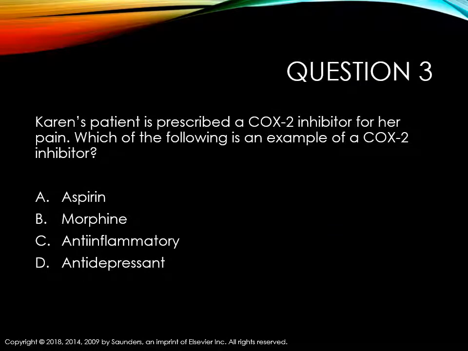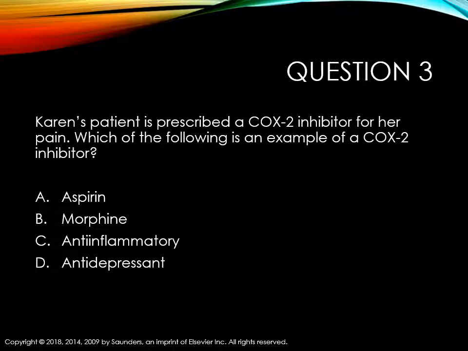Question 3. Karen's patient is prescribed a COX-2 inhibitor. For this information, refer to your textbook on page 604. Table 31.2 provides you with an in-depth table of categories of analgesics and examples. Which of the following is an example of a COX-2 inhibitor? Take a moment to review this information.